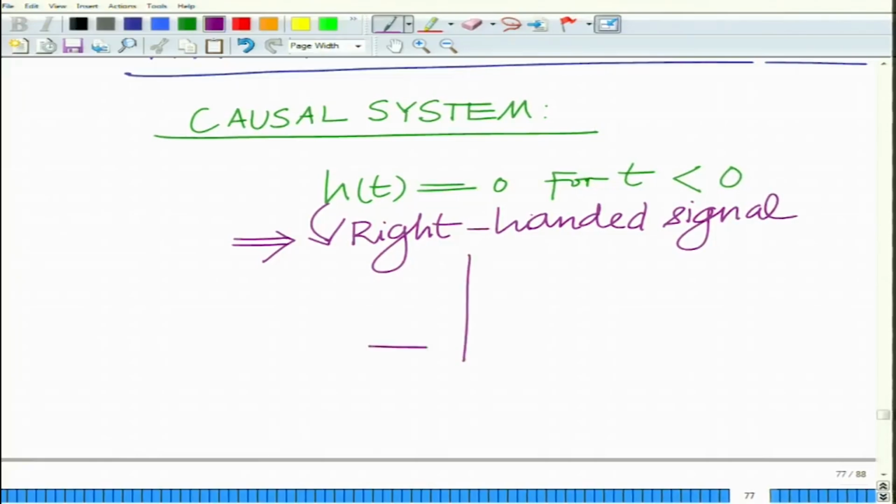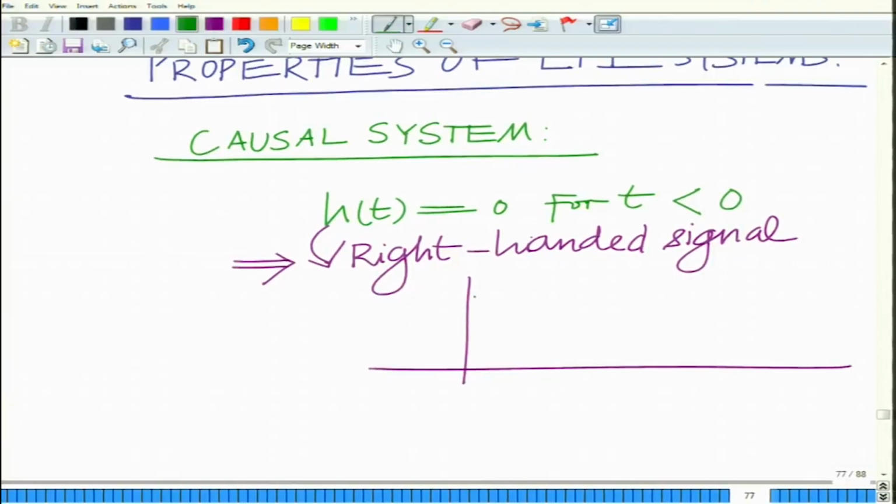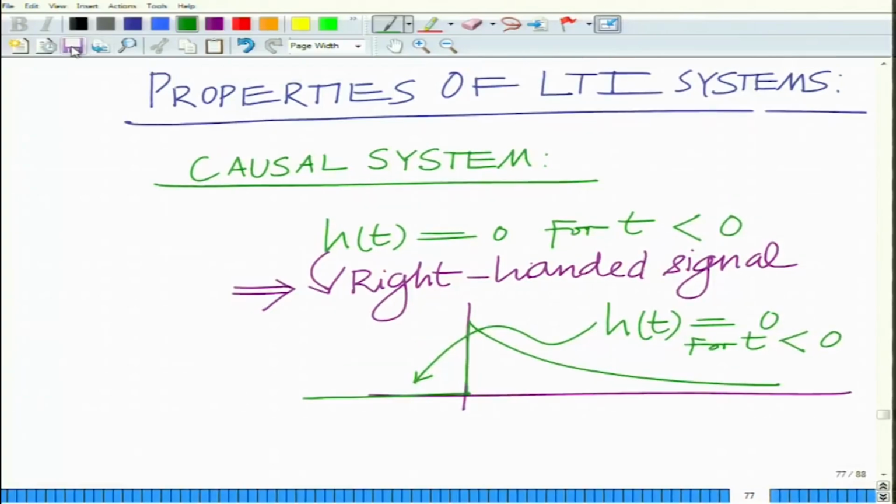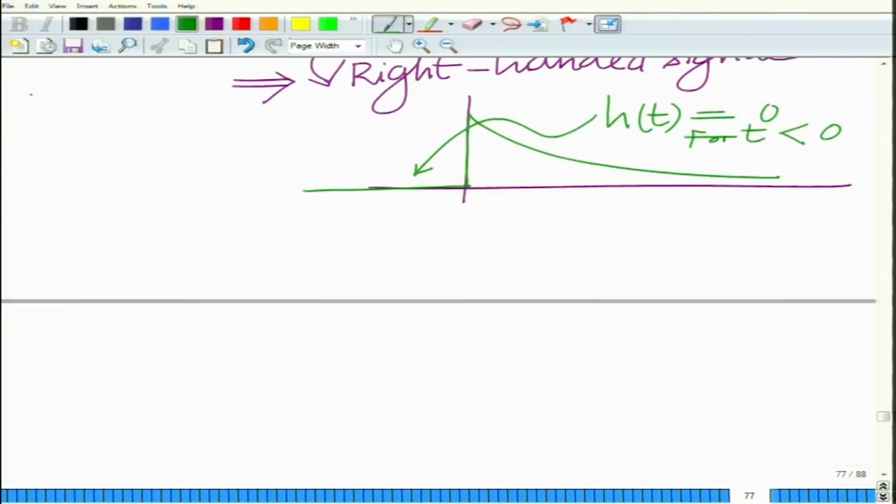That is the property of the causal LTI system: the impulse response has to be 0 for t less than 0, which implies h(t) is a right handed signal.